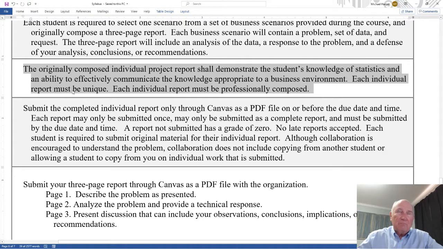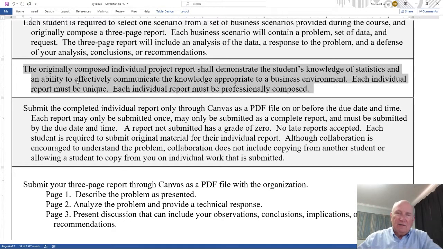Each individual report must be unique. Every person writes their own report, and each person does it their way. Don't share between students. You write your own report, because I'll read them and I'll see if there's anything common.